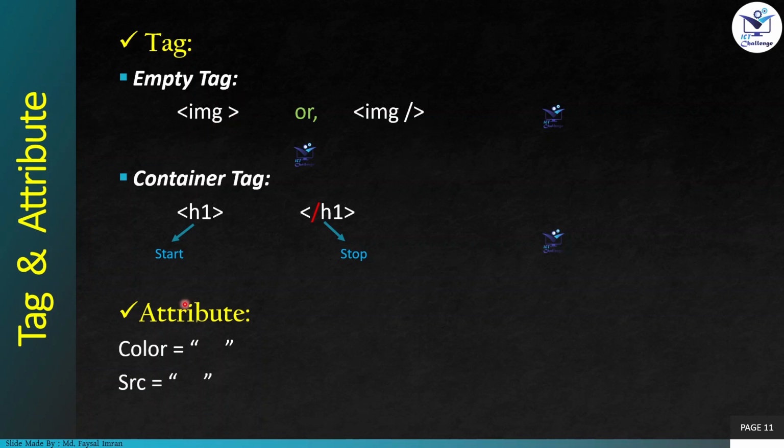How and why we use this source attribute, we must discuss later. But before this, we just have to know how you write this src attribute or how it works. So color is our attribute, and also src is our another attribute here. So you have the double quotation after the src attribute, and this attribute also contains the element inside the double quotation.